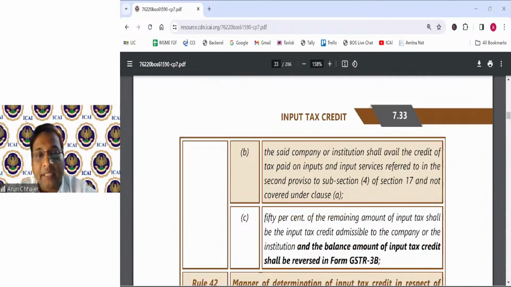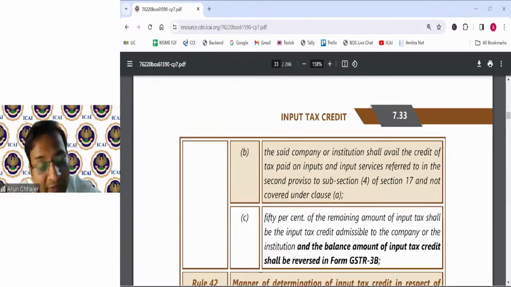The said company or institution shall avail the credit of the taxes paid on input service referred to in second proviso to 17.4 and not covered under clause E. So whatever items are covered in clause E, you have to exclude.